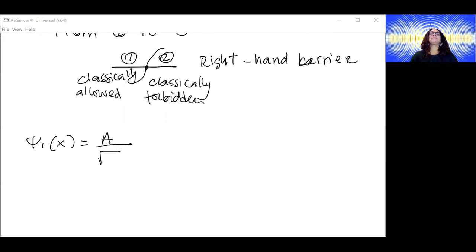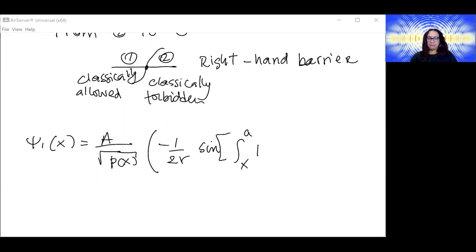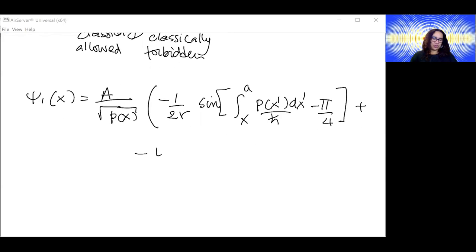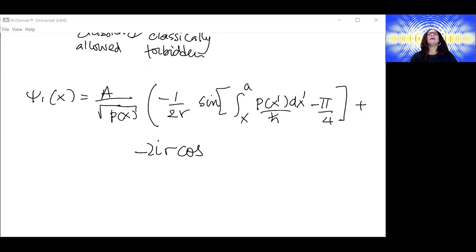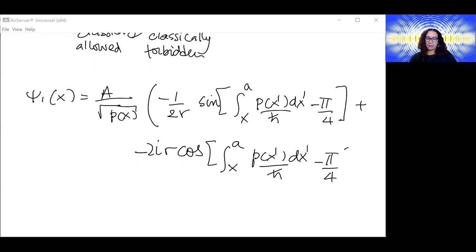And it is going to give you A over square root of p(x), minus 1 over 2R sine of integral from x to a of p(x') dx' over h bar minus pi over 4, plus minus 2iR cos of integral from x to a of p(x') dx' divided by h bar minus pi over 4.